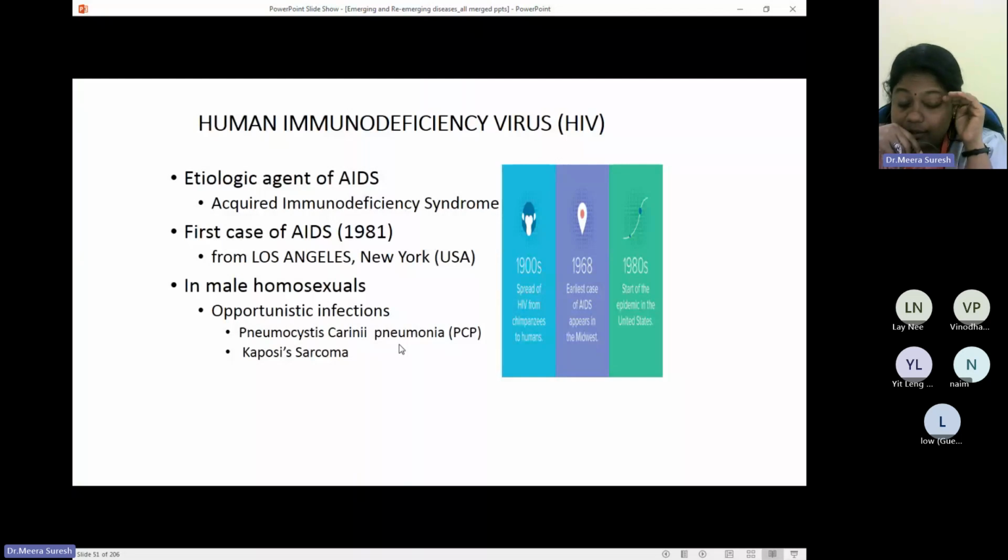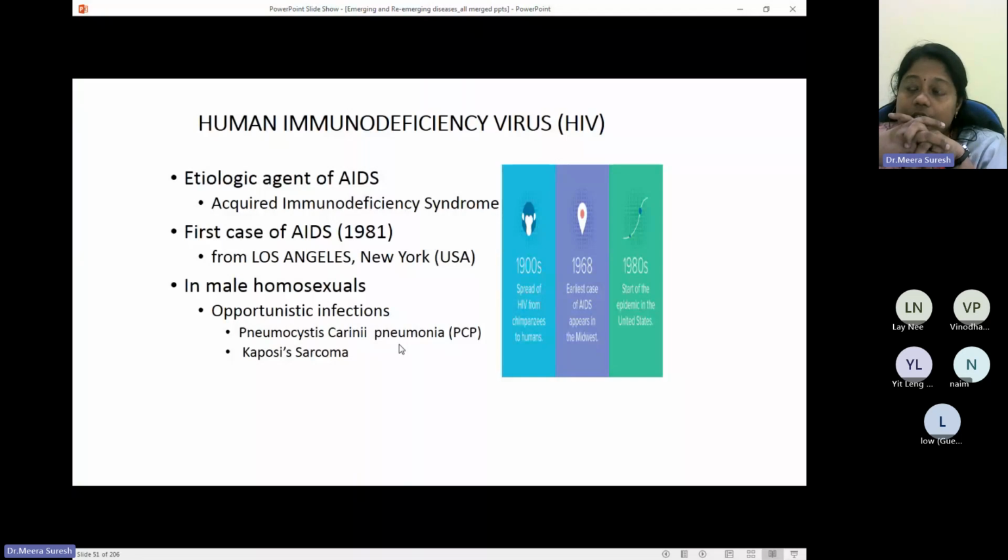Only then these bacteria, viruses, fungi or any microorganism will be getting activated and producing the symptoms. Otherwise, when the person is very healthy, the immune mechanism is so strong, it won't produce any infection. So only when the situations are favoring, these organisms will utilize it and cause the infection. So it was an opportunistic infection.